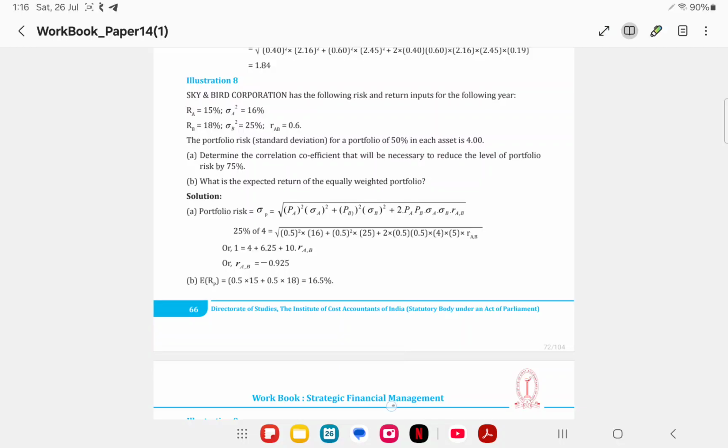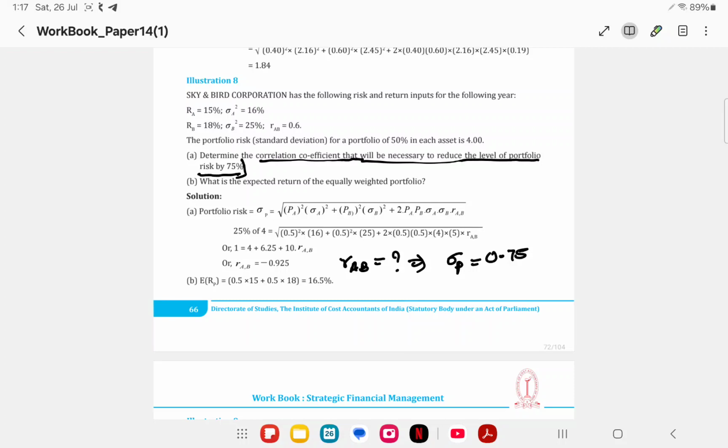What we have to find out is the correlation coefficient that will be necessary to reduce the level of portfolio risk by 75%. So you have to calculate RAB so that the standard deviation of the portfolio is reduced by 75%.